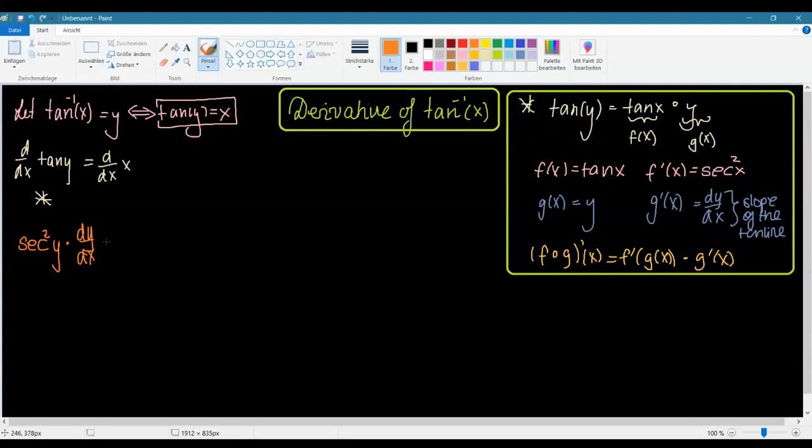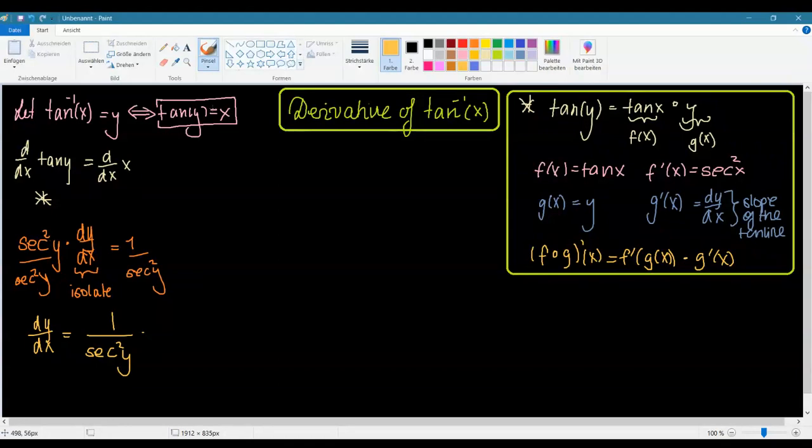This cannot be multiplied by the denominator and then you end up with dy equals something times dx. This is not separable because this is what we're solving for, and we're going to isolate this, and it equals 1. We're going to isolate it by dividing both sides by secant y squared. So we are going to end up with dy by dx is 1 over secant y squared.